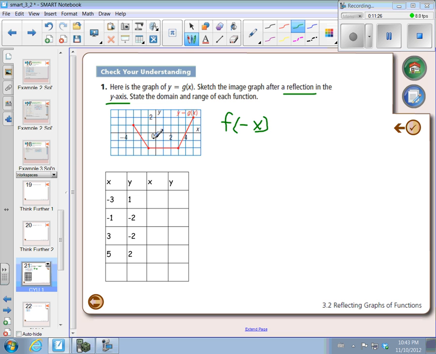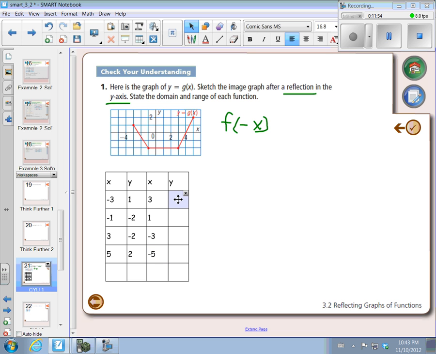Okay, it's a horizontal reflection, so x changes sign. So let's concentrate on the x values. On my new table, a -3 becomes a +3, a -1 becomes +1, +3 becomes -3, +5 becomes -5. Since it's a horizontal reflection, y doesn't change.